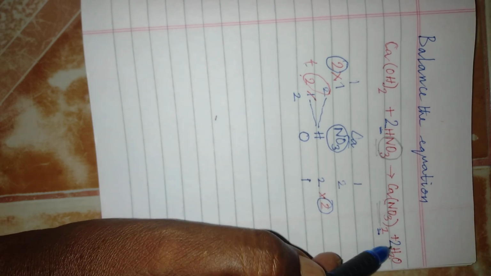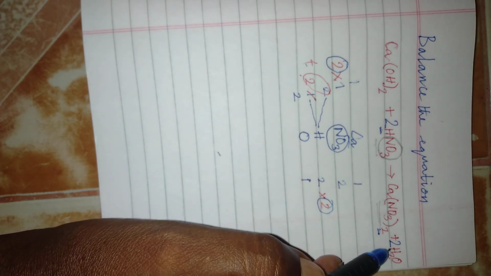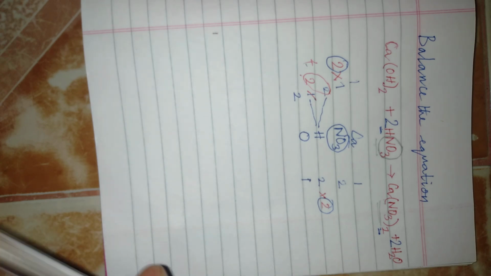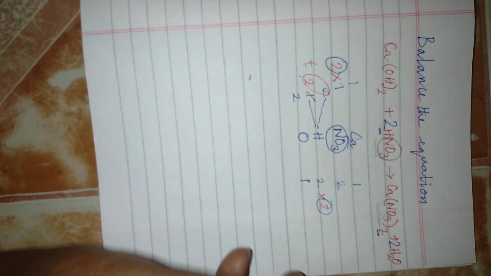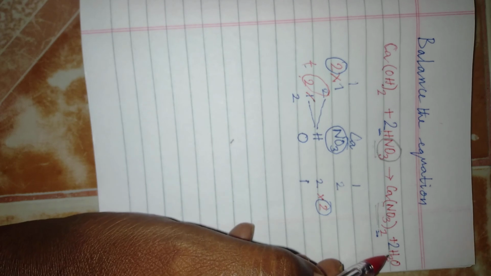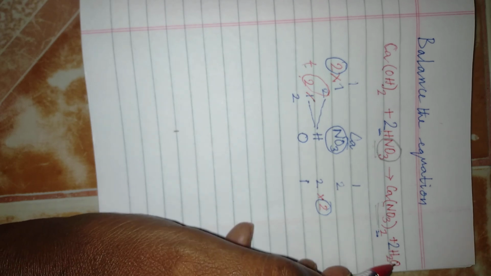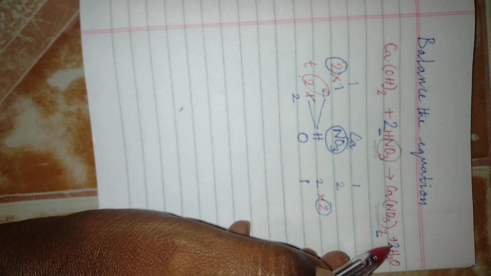When we write 2 as a coefficient for water, the oxygen also gets this 2. Oxygen will become 2 at the right hand side. Previously we had only 1, but this 2 belongs to both the hydrogen and oxygen atoms. Therefore oxygen has now become 2 at the right hand side.